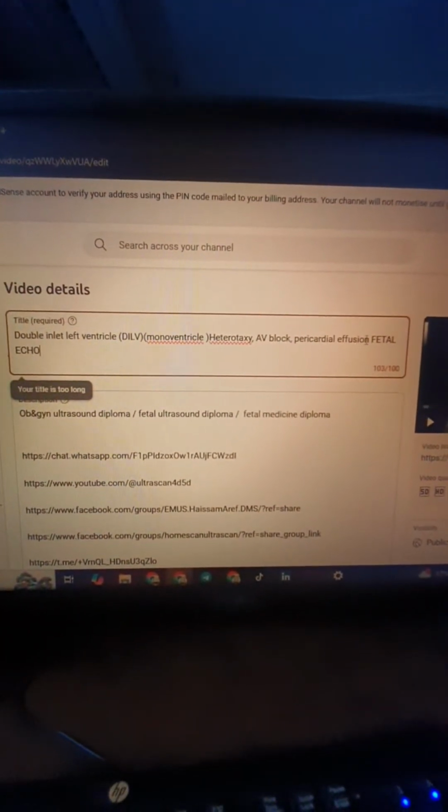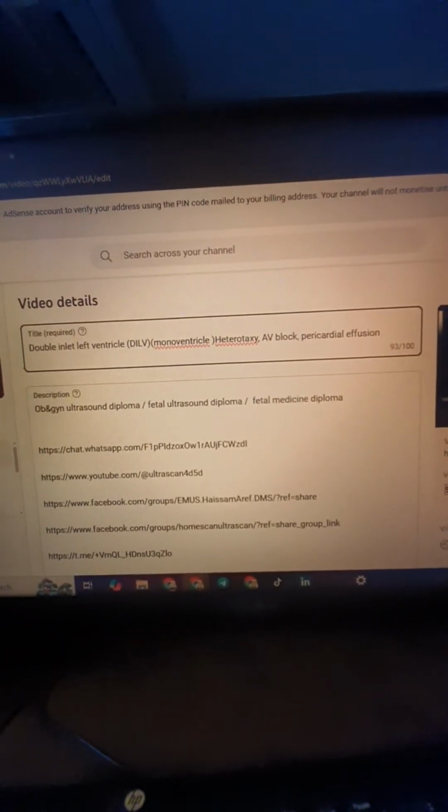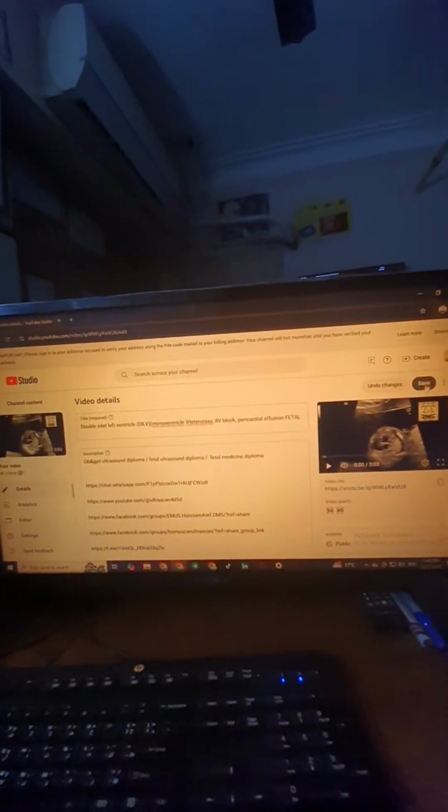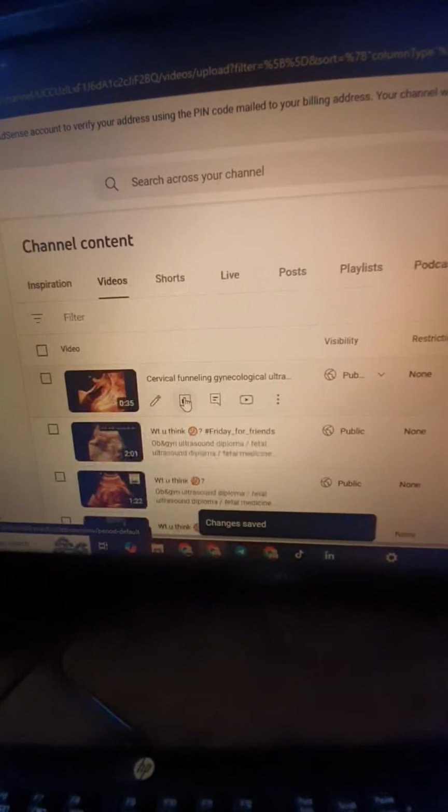This is our case. Thank you for all your inputs. AV block. You don't have to write fetal echo, yes. Okay. Double inlet left ventricle, pericardial effusion, fetal. So you can say fetal, so if you're searching for it, it will appear to you. That was a wonderful case, wonderful collage.